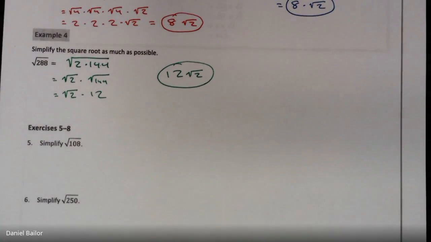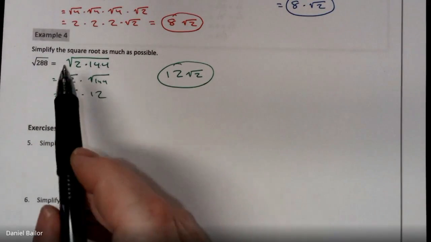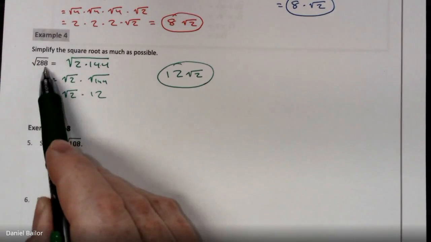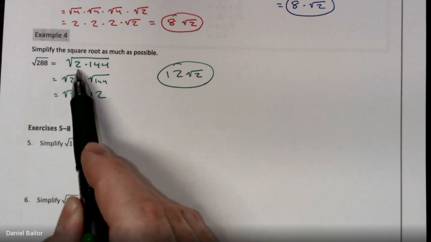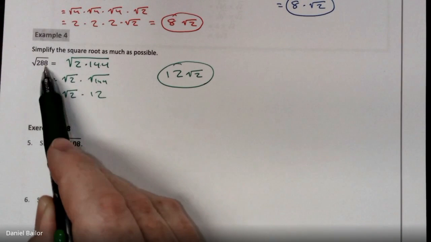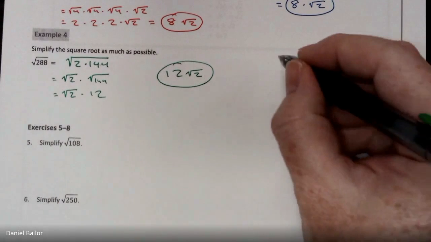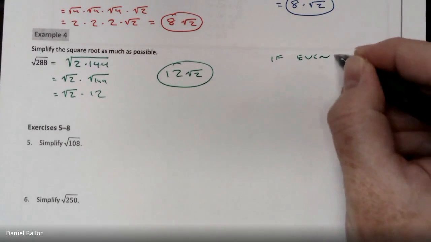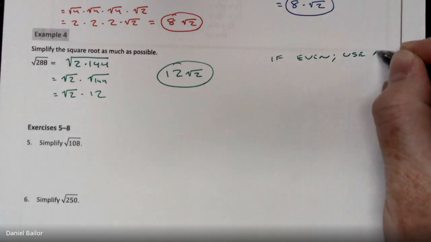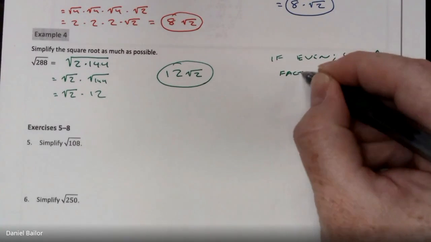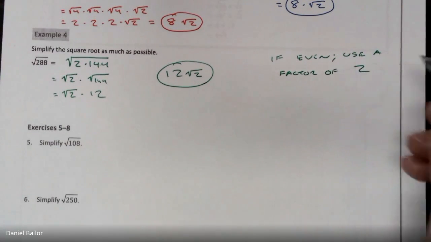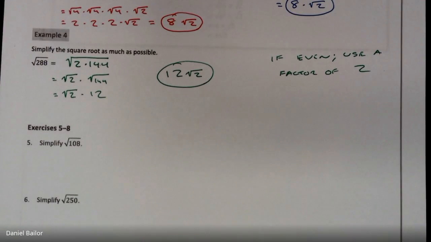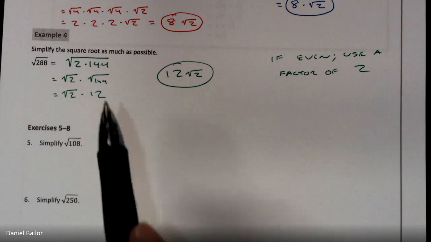So this is a good strategy right here. If it's even and you're stuck, pull out the 2. If it's even and you're stuck, use 2 as a factor.